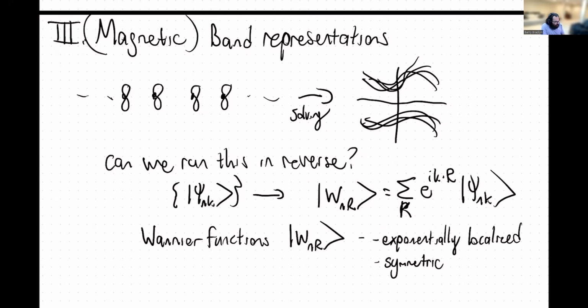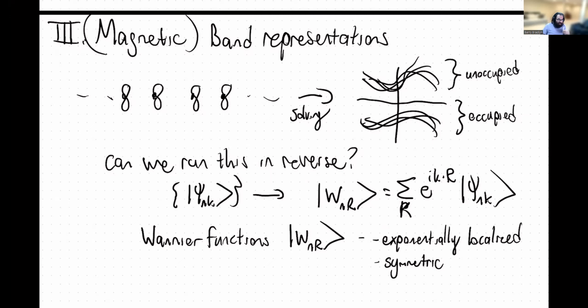So what we know is if we have some set of bands here, or let's say we have an insulator, so we have a band structure that looks like the one drawn here. All of these states are occupied, and all of these states are unoccupied.